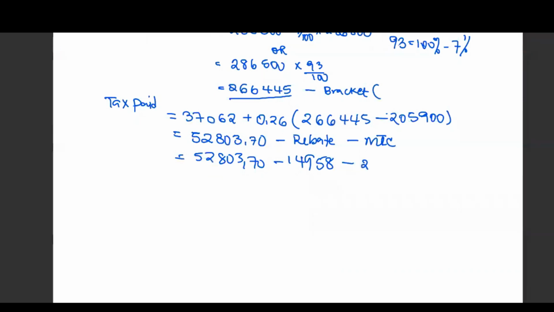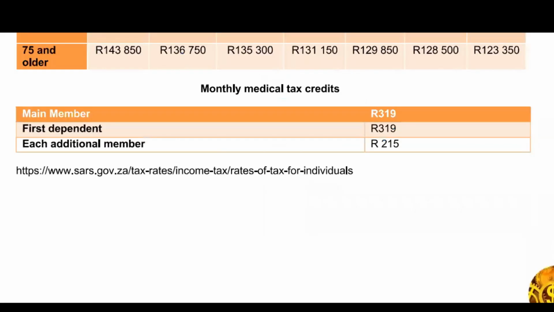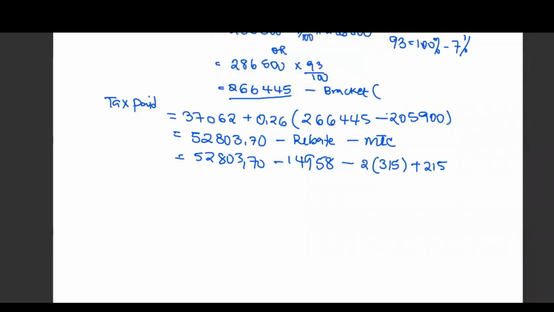So the main member and the first dependent share the same amount, and the other dependent takes the other amount.